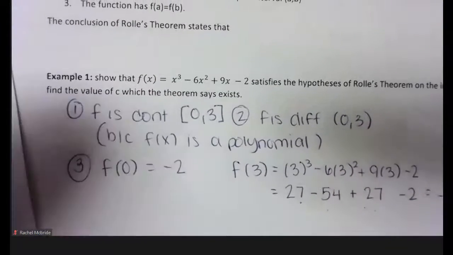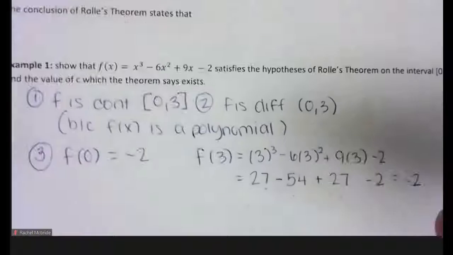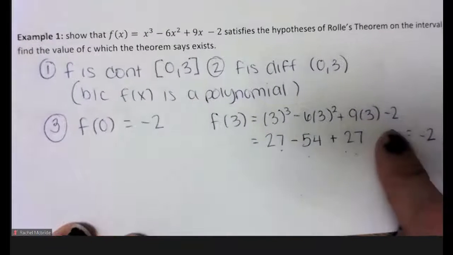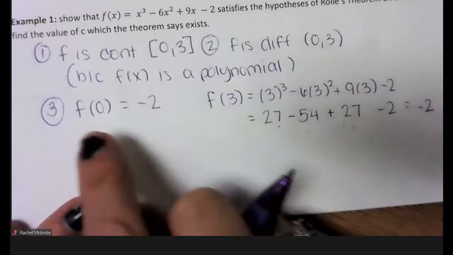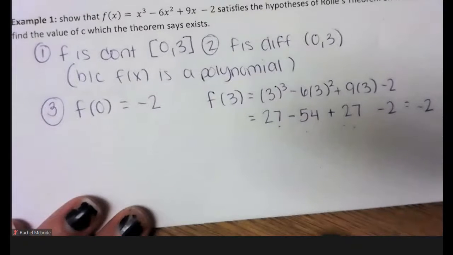And we get negative 2. So we have f of a equals f of b, which equals negative 2. So it meets condition 3 of Rolle's theorem.